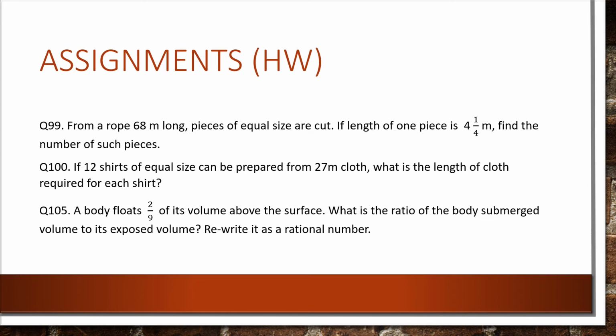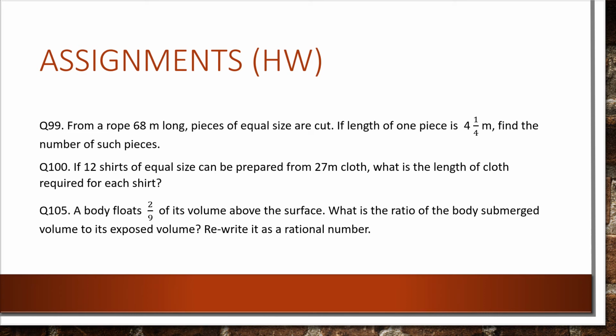Question number 105. A body floats 2/9 of its volume above the surface. Means whatever the volume is, 2/9 of it is above. So that means the rest is below. Now the question is, what is the ratio of the body's submerged volume, means the submerged portion, to the exposed volume?